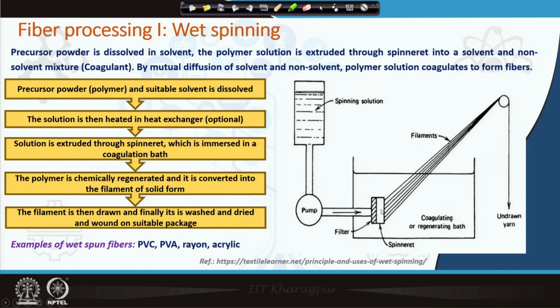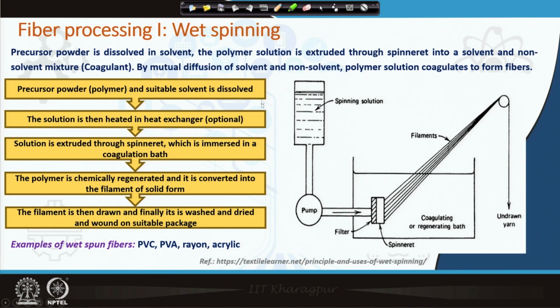Because of the pressure, the solution comes out at a very high velocity, and the whole spinneret is submerged inside a second bath which is called the coagulation bath. Once the solution comes out at a very high velocity and comes in contact with the coagulation bath, the coagulation process takes place. That means the liquid starts solidifying, and ultimately you get the filament or the fiber.